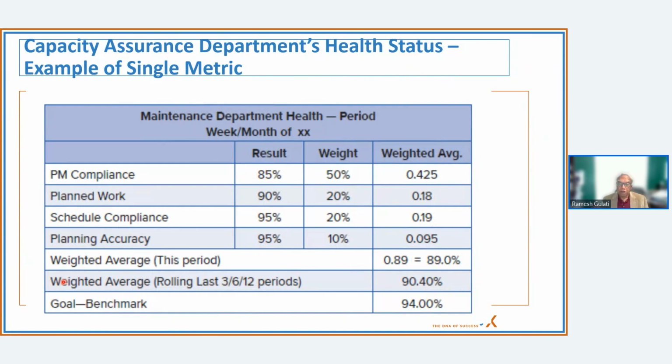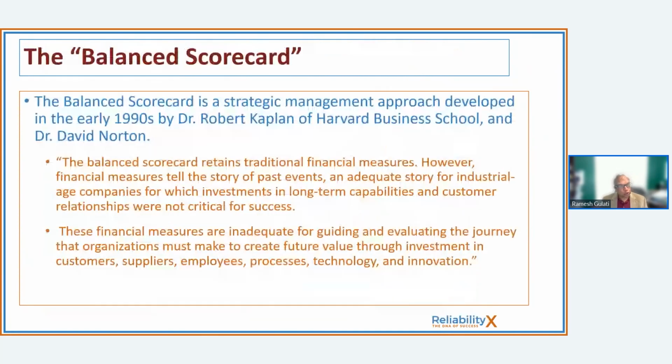Another thing we need to look into: back in the 90s, Dr. Robert Kaplan and Dr. David Norton of Harvard Business School came up with the balanced scorecard model. They found that many companies are not looking at all the areas. Either they look at customer orientation or finance or process, and they always forget the people part.